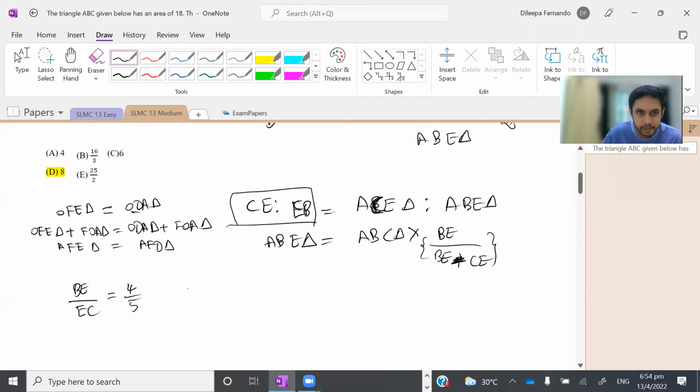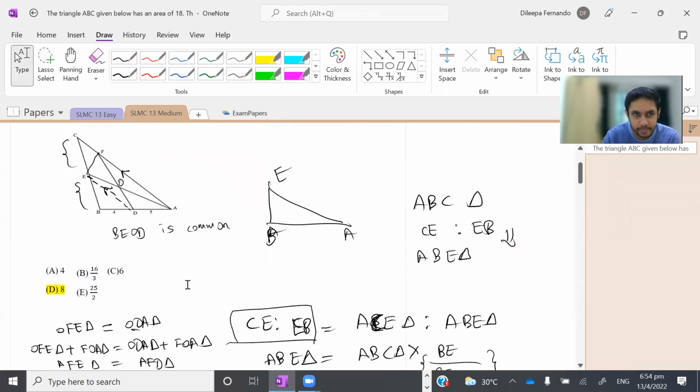The reason is, when a parallel line intersects two sides of a triangle, the two sides are divided in equal proportion.